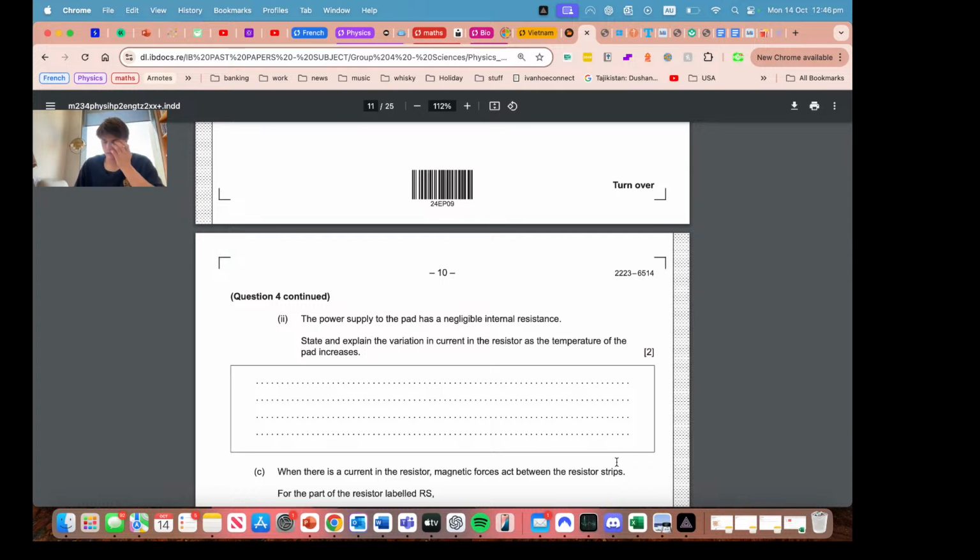Why would it do that? I guess energy is transferred more quickly in air. I'll just write that down.